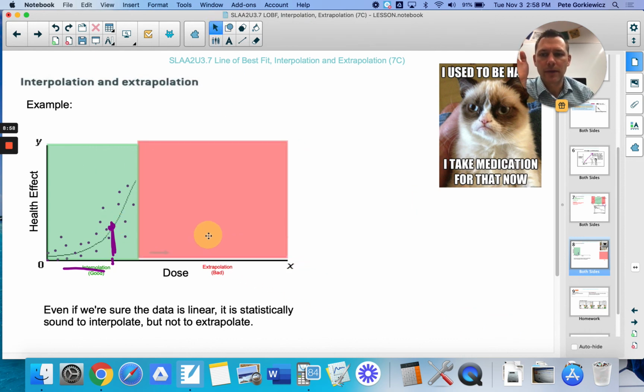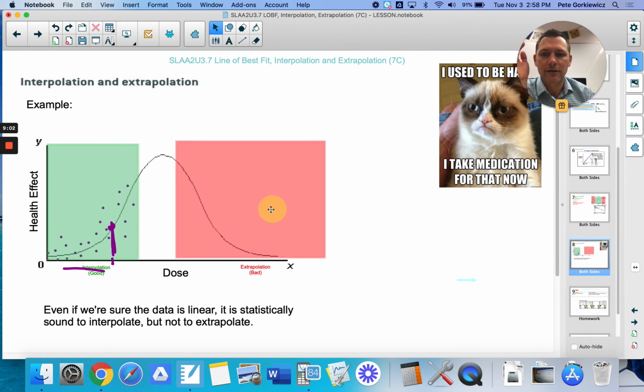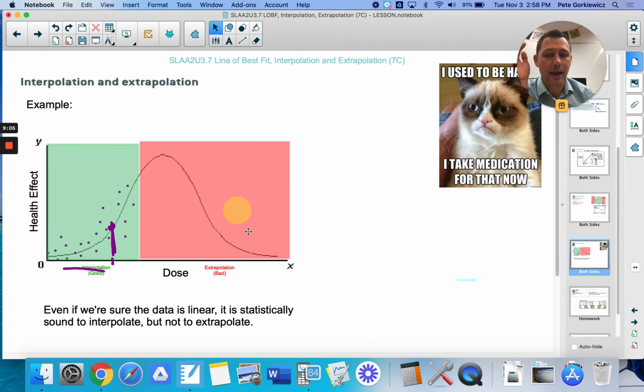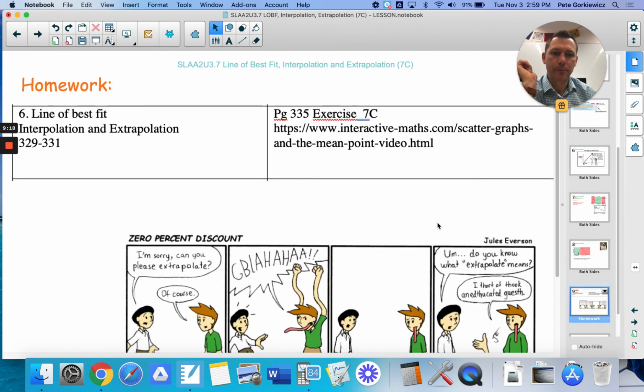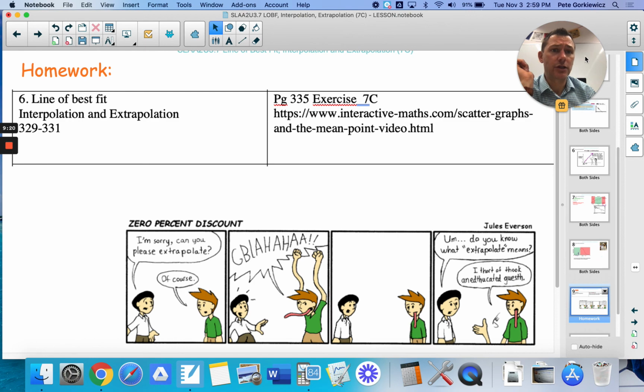Once I start extrapolating beyond that dosage, that's not good because I don't actually know what's going to happen. I can't, because I didn't know this is going to behave like this. I'm flying blind, right? So interpolation good, extrapolation bad. Cool. Try that out, and I'll see you later.